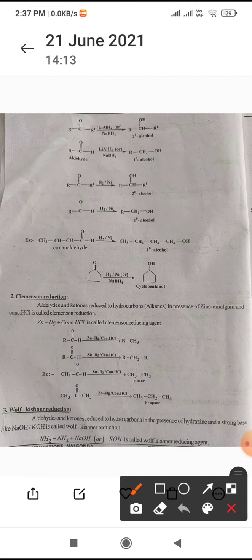This is an aldehyde, and it reacts with H2/Ni to form primary alcohol. This is a ketone, and a ketone reacts with H2/Ni to form secondary alcohol. This is the first reduction reagent, reduction with H2/Ni. And the second one is Clemmensen reduction.